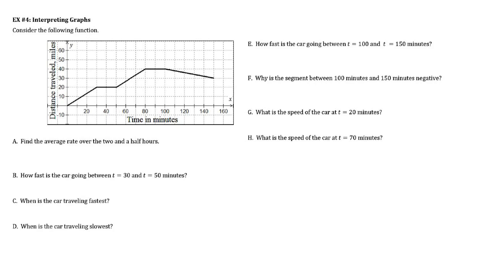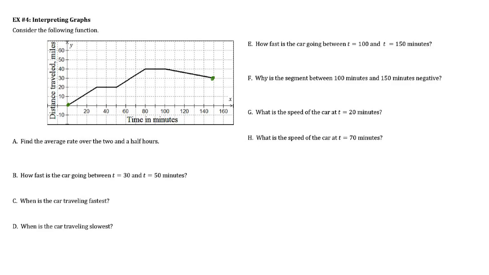All right, so now we need to find the average rate over the past 2.5 hours, and we're going to use our graph to help us pull in some of this information. So we're starting here, and it looks like our stopping point is way out here. So let's see if we can find our average rate of change.